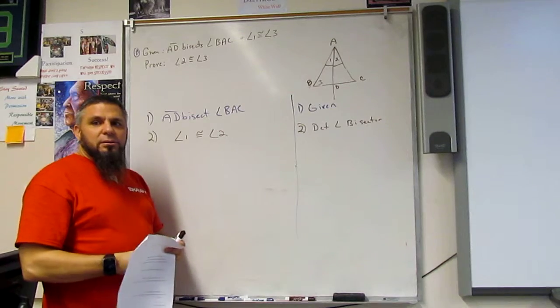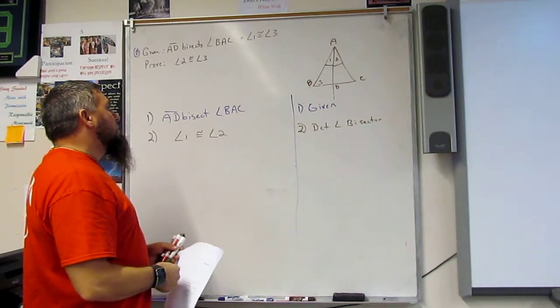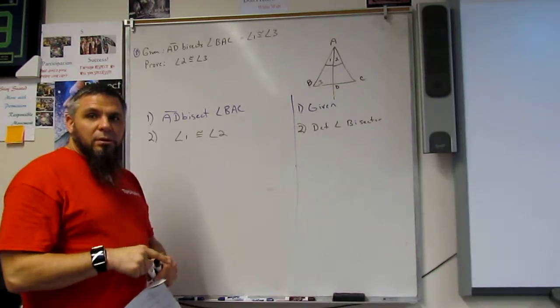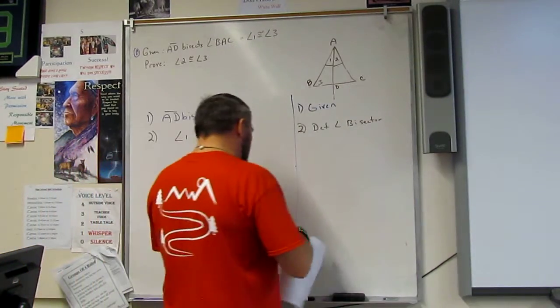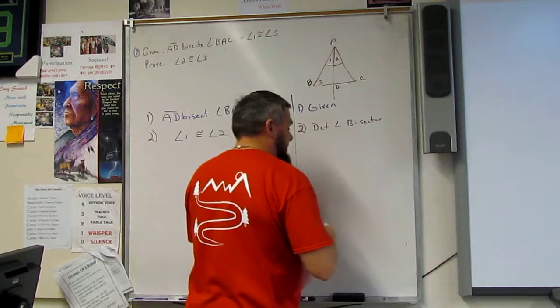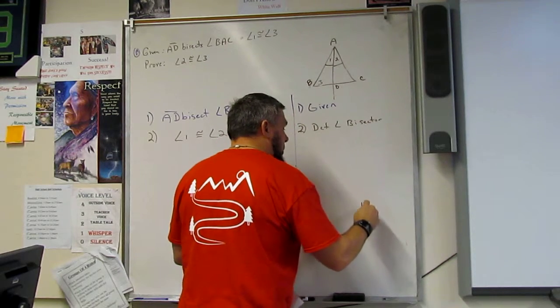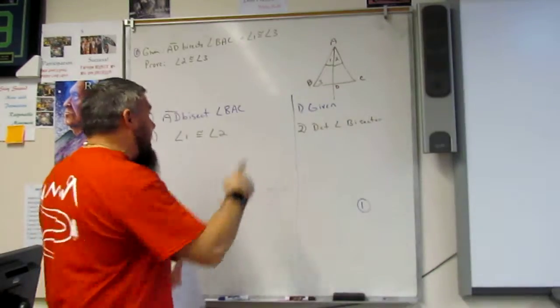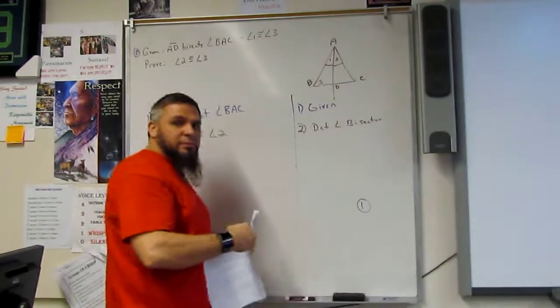Okay? That's cool. What else do I know? So, from 1, I know this. I can start my flow chart. 1, I started with. And from that, I went to 2, right?